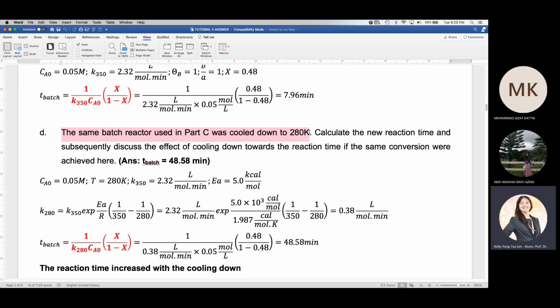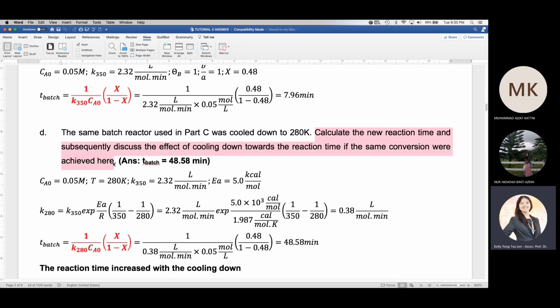Okay, in part D dia kata sekarang dah berubah. Kita dah tak guna suhu tindak balas kita dah bukan pada 350 but now is at 280. Okay, so dia kata calculate the new reaction time and discuss the effect of cooling down towards the reaction time if the same conversion were achieved here.